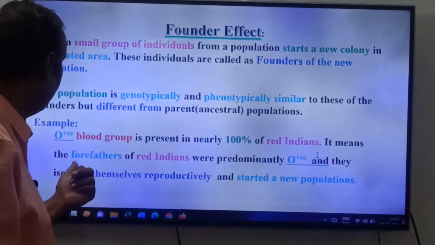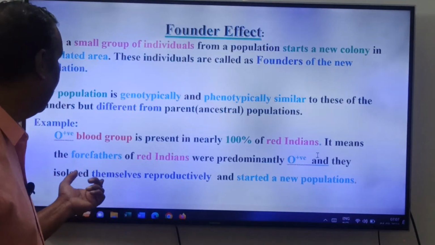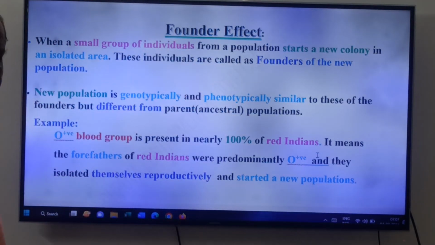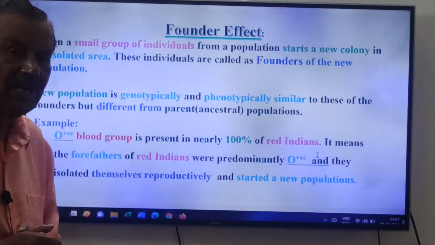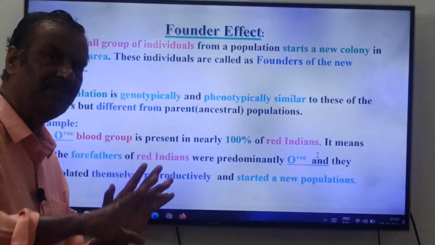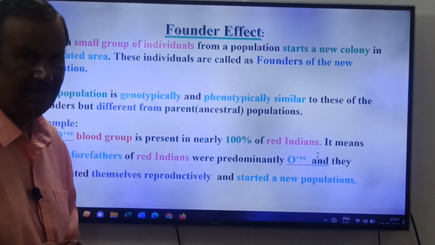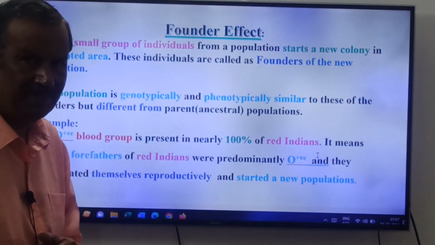It means the forefathers of red Indians were predominantly O positive, and they isolated themselves. The people having O positive blood group separated from the main population and established a new colony in an isolated area.